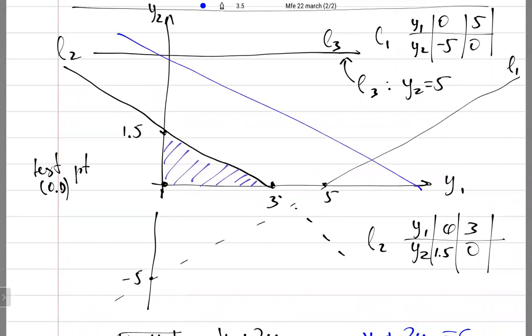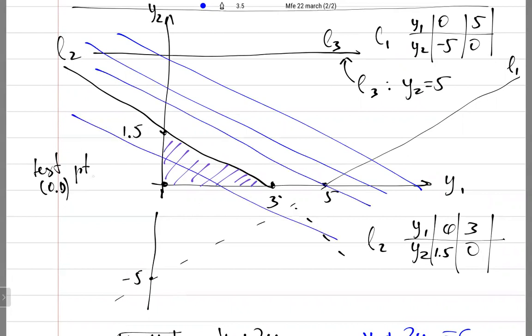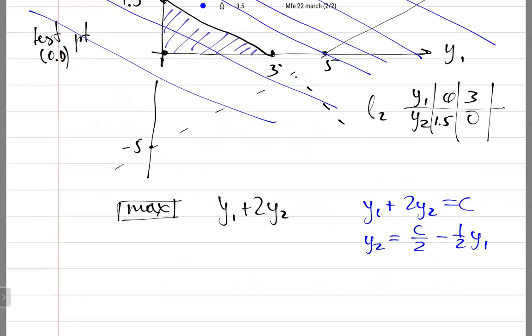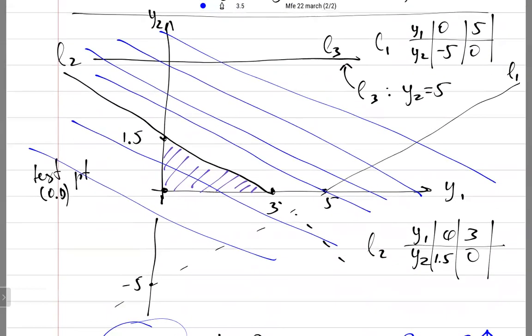This is the first level curve, the second level curve, the third level curve. I can draw a lot of level curves. And basically, I'd like to increase c because I'm maximizing the value. So I'm moving my level curves in the north-east direction.